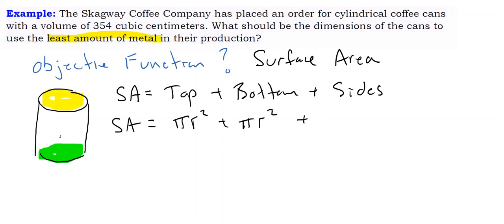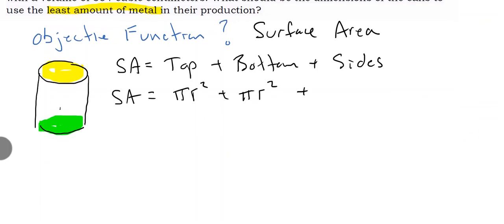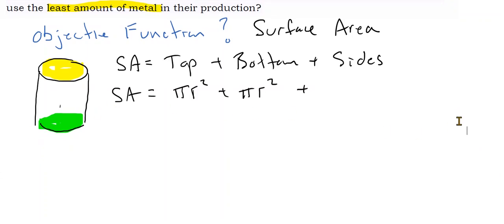Now, what about the area of the sides of the can? Take out a can opener and cut off the top, cut off the bottom. When you do that, all you're going to have left is the sides of the can. And if you cut open the can vertically, just make a gash right down here and open it up, you're going to see that you have just a great big rectangular piece of metal.